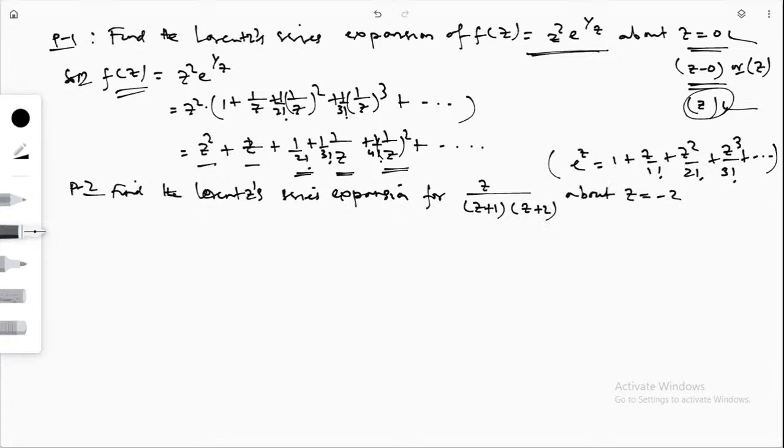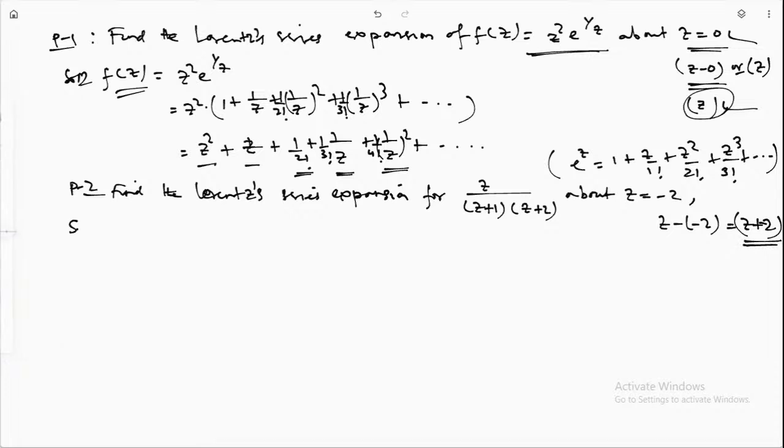About z is equal to minus 2 means this is z minus minus 2, which will be z plus 2. So all the powers will be in this form, z plus 2. That means all the positive and negative powers of z plus 2. So now we can proceed.